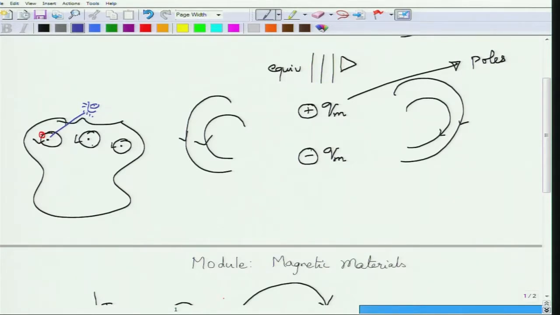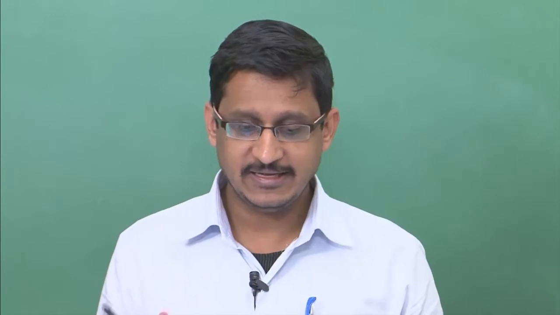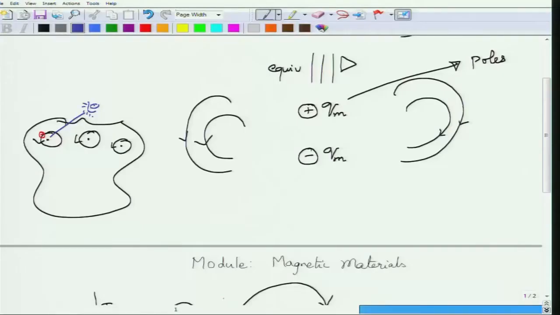And there will of course be billions and billions of such atoms inside any macroscopically large magnetic material, and each atom is essentially a tiny current loop. So the magnetic fields produced by each of these current loops will add up in the case of permanent magnets.